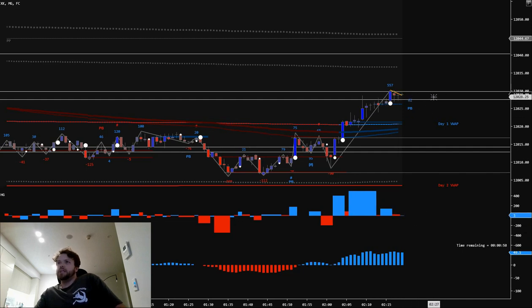And then we're just reading the order flow as it happens, as it appears. It could break up, but I think I said before, this is probably just a very minor pullback to then potentially go back up higher. I don't really like trading minor pullbacks.